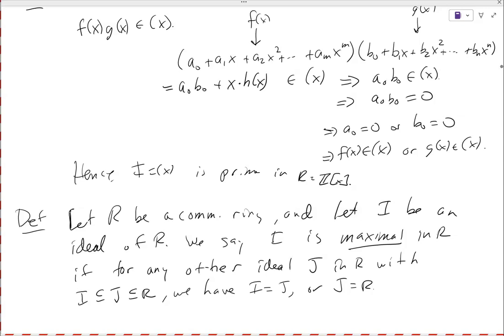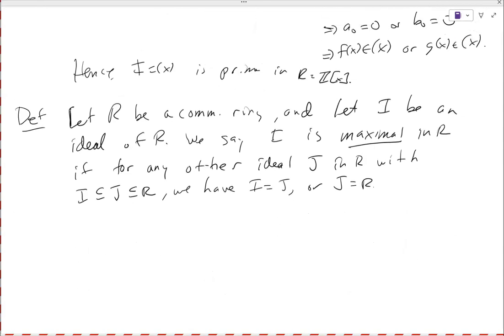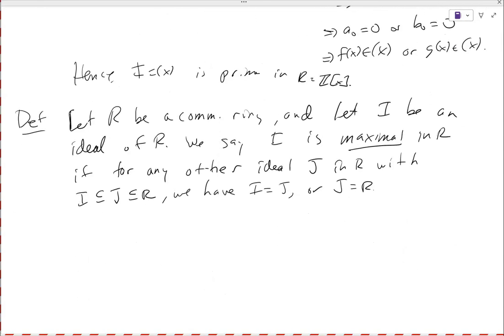So, to give an example of a maximal ideal, well, let's give an example of something that's not maximal. Let's go back to that. Now, let's start with maximal ideal first.